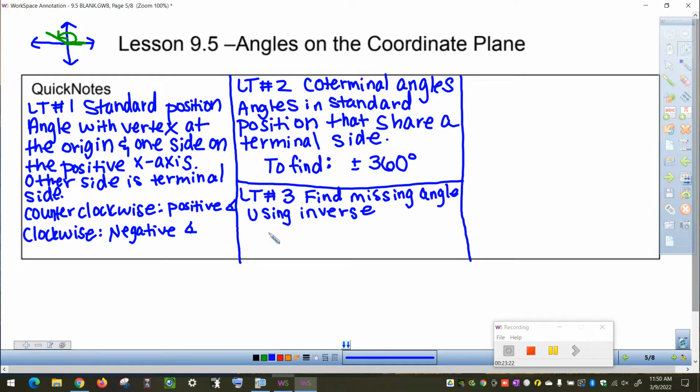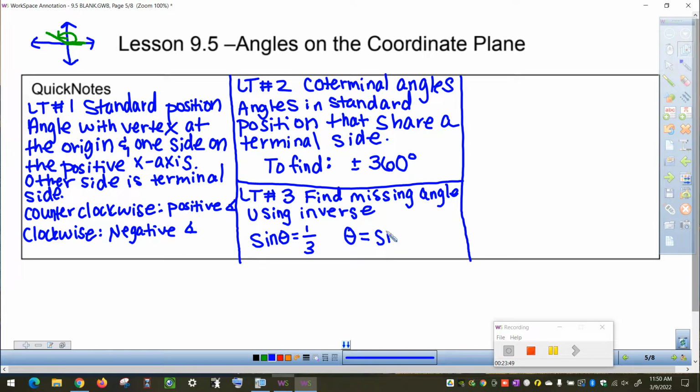So we did one example at the bottom of the front side. Here's another example for you. So let's say that we knew for some right triangle that the sine of our angle theta was equal to like 1/3. Opposite side is 1, hypotenuse is 3. And we want to figure out what that angle is.